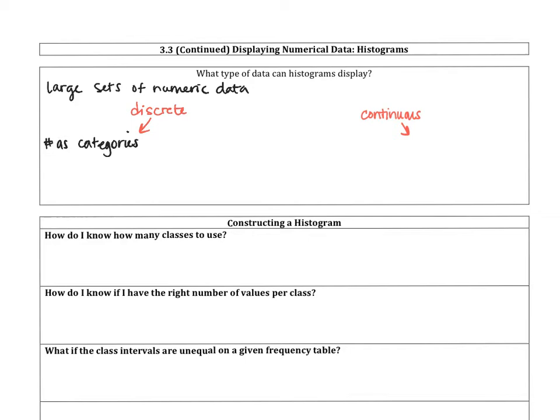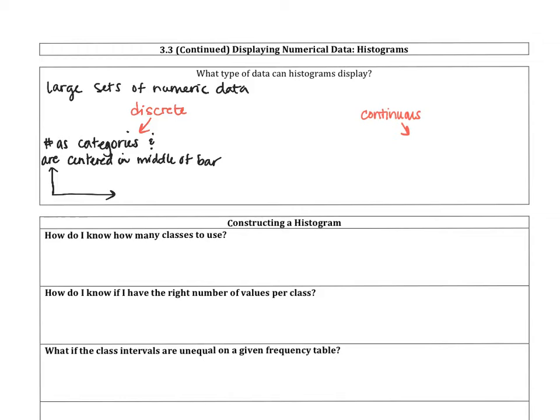And those labels are centered in the middle of the bars, just like they would be on a bar graph. So for instance, we could have the number of pets someone has.